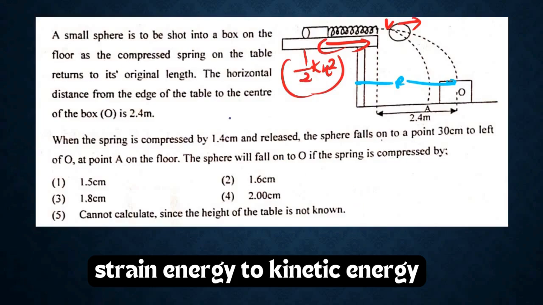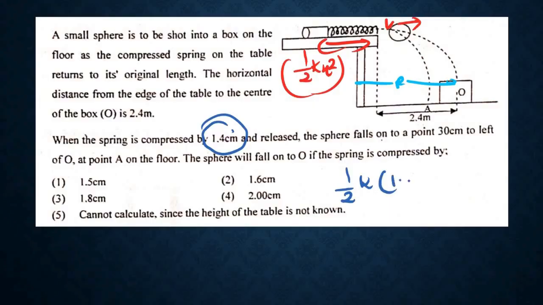So basically they are telling when it is compressed 1.4, here see 1.4, that means half k into 1.4 squared. Here actually we have to put it in meters, but I'm just putting it in centimeters because I'm not changing the units here.